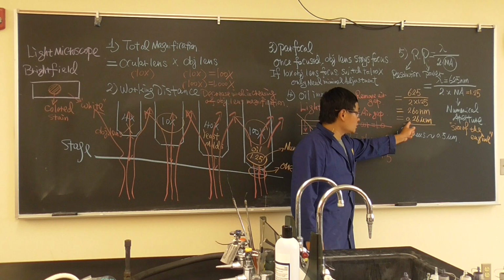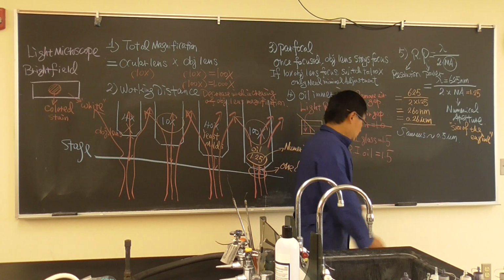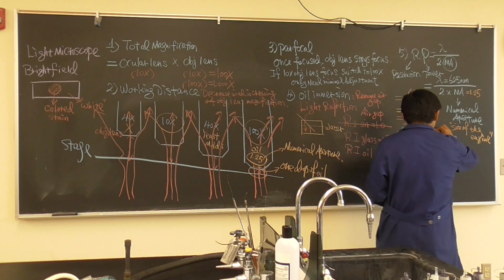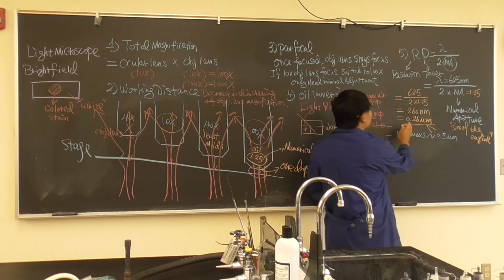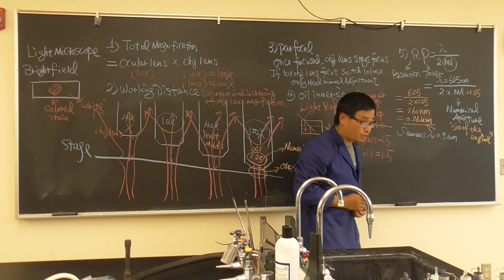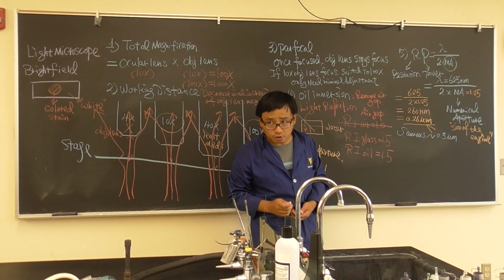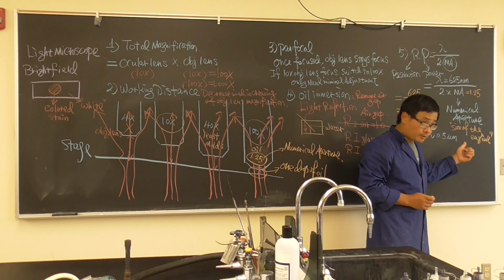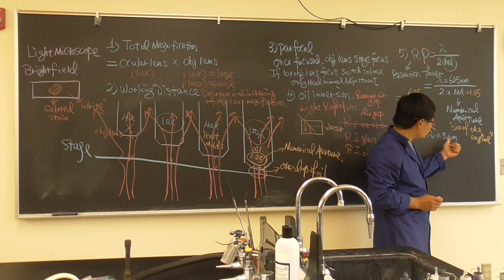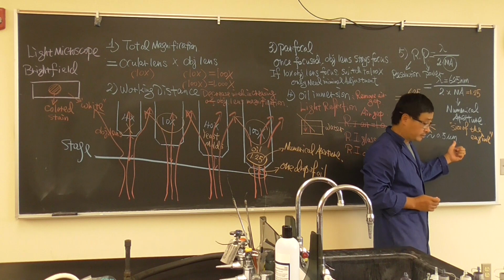Your resolution power is 0.26. This is less than that. Therefore, we couldn't use this light field microscope with oil immersion to observe the morphology of Staphylococcus aureus, because the resolution power is lower than the size of the bacteria.